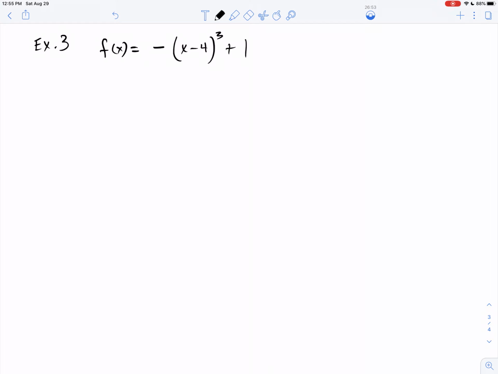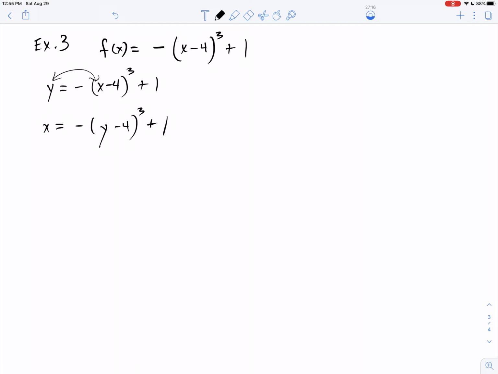I don't want to lose anybody in my moves here. So I'm going to say y equals negative x minus 4 cubed plus 1. Then I'm going to interchange the variables. I'm going to put the x here: x equals negative y minus 4 cubed plus 1.